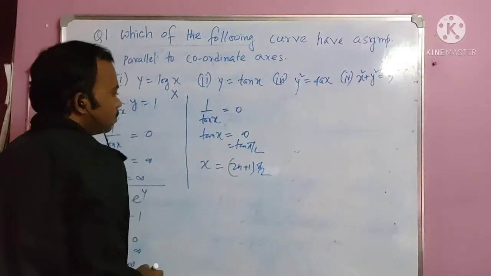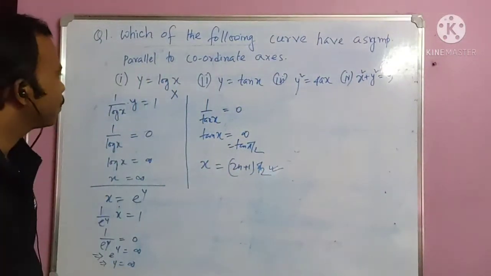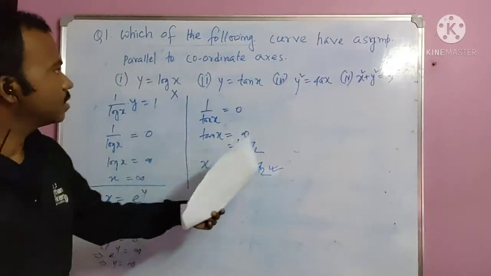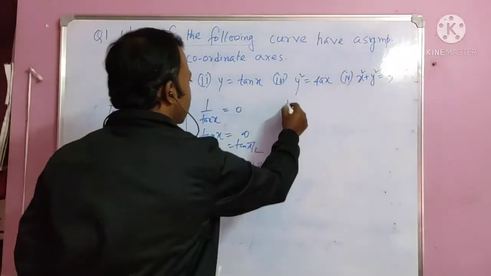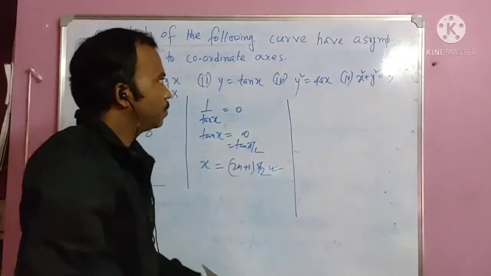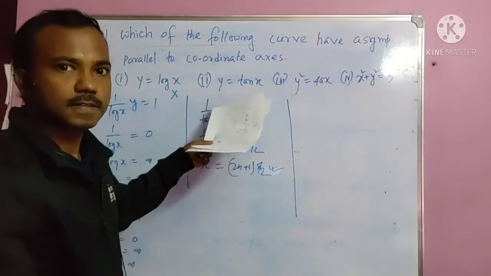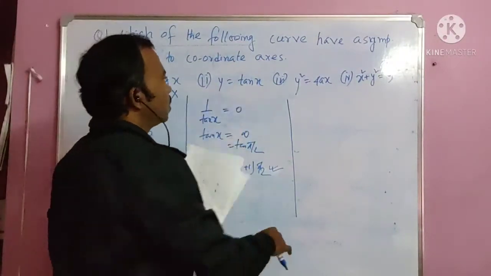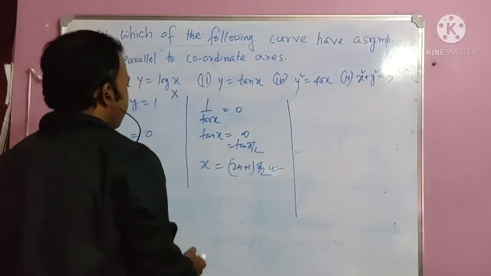You can see that it is giving asymptotes. We don't need to calculate these things further, because eventually we will understand, if this 2 was given in the options, then we have to check this.